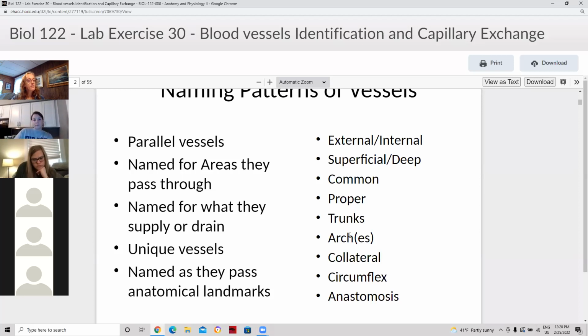Many times they're also named for the areas that they pass through. For example, femoral: if you think about where your femur is, your right femoral artery and your left femoral artery are running in that same area. Your right subclavian artery and your right subclavian vein are running right underneath your clavicle.